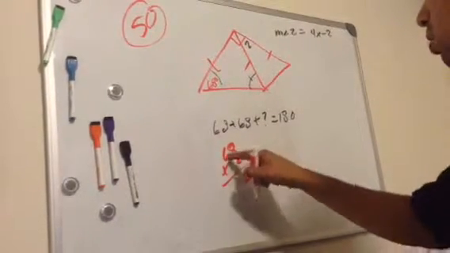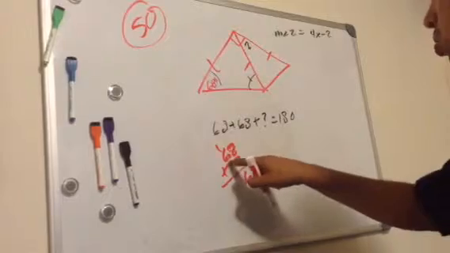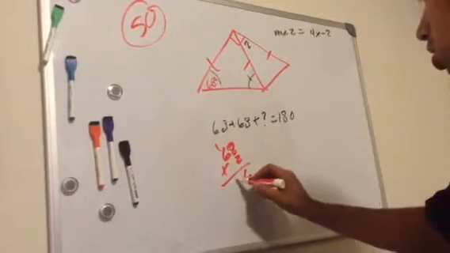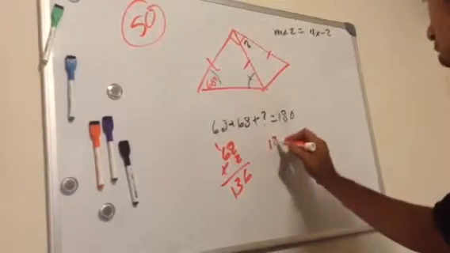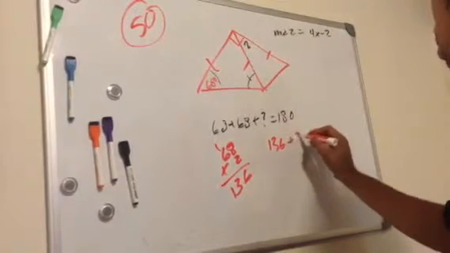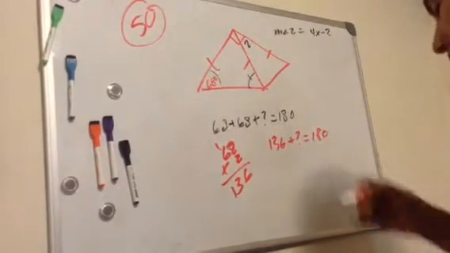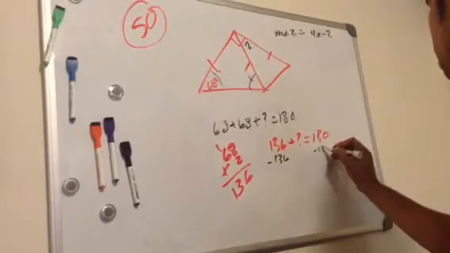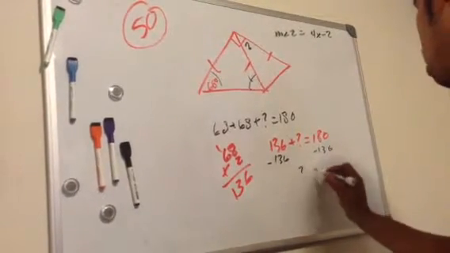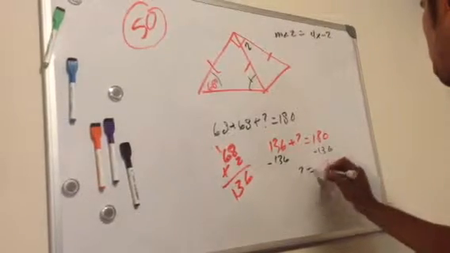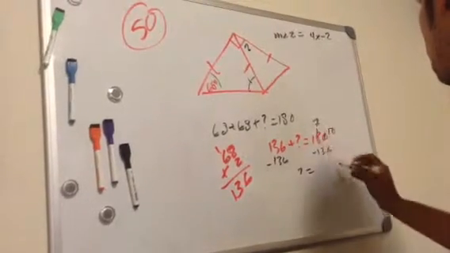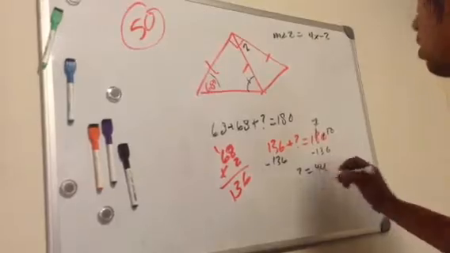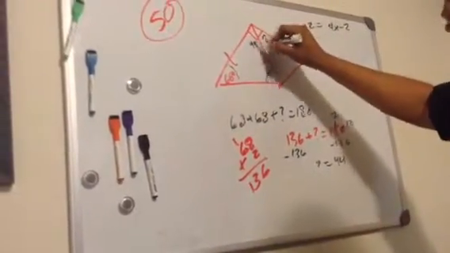So we have 136 plus question mark equals 180. We subtract 136 from both sides, and question mark will give us 44. So that means over here we have 44.